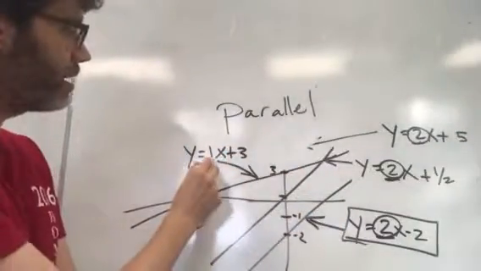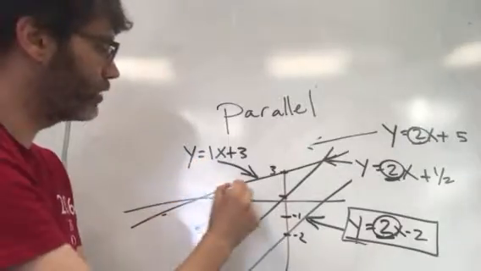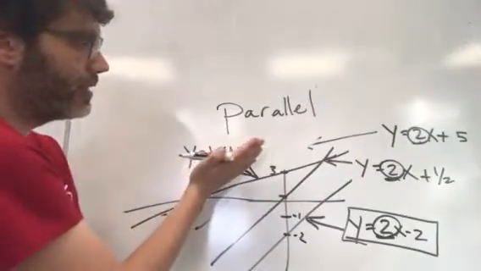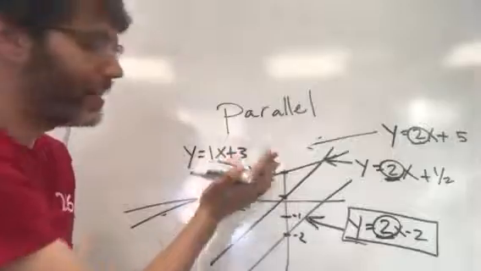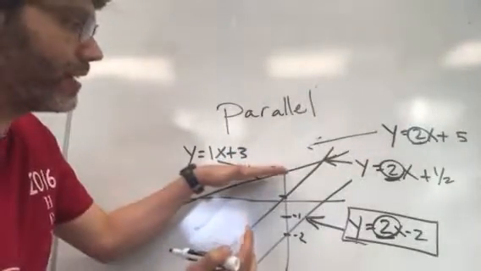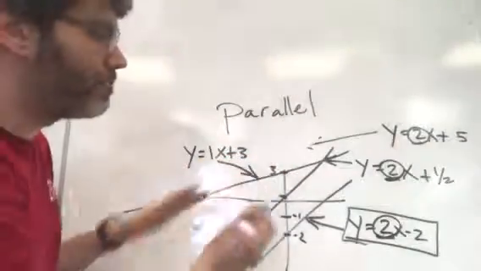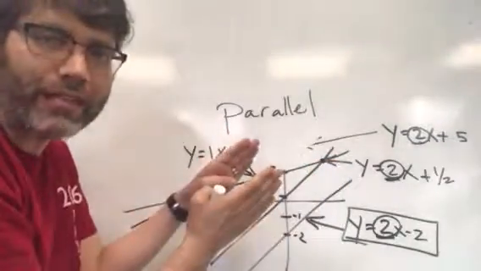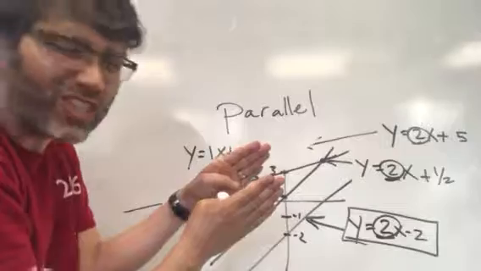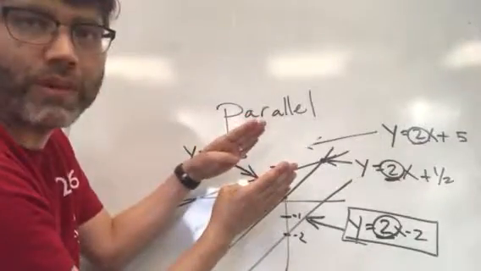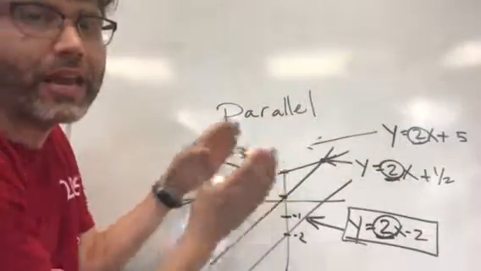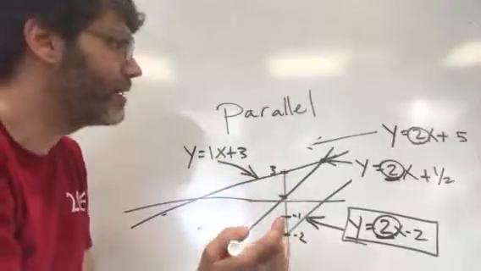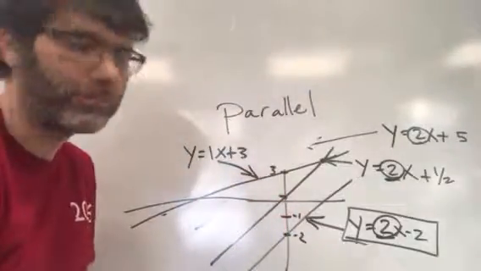Do you see that because the slope of this line is only 1 instead of 2, it's slanted a little bit less? At some point it's going to run into this other steeper line. So if two lines have slopes that are even just slightly off, at some point one of them will run into the other. And that's why parallel lines need to have the exact same slopes.